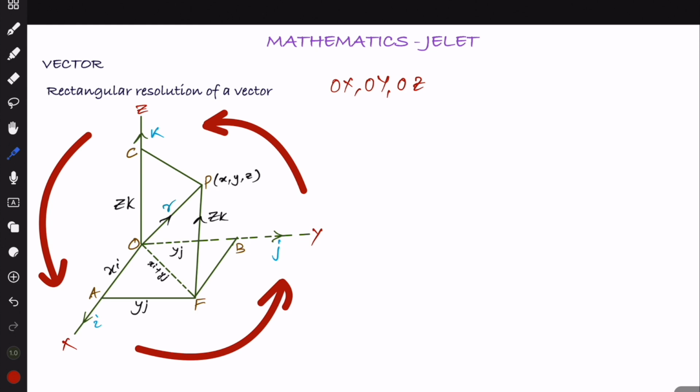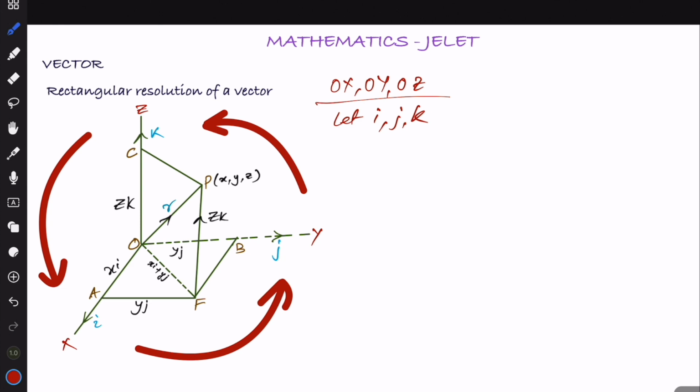Now the system of direction is Y to Z, Z to X and X to Y. Now let us assume three unit vectors, I, J and K, to be the unit vectors along these three mutually perpendicular axes OX, OY and OZ.